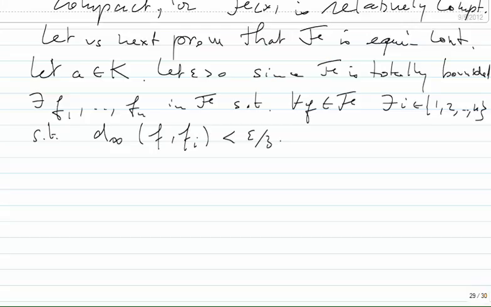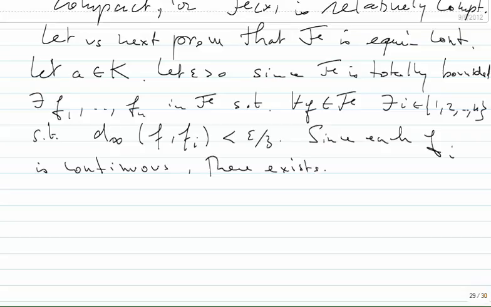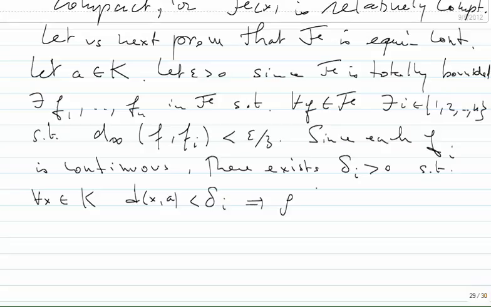Okay, now since each fi is continuous at a, there exists delta i positive such that for every x in K, the distance from x to a less than delta i will imply rho of fi of x to fi of a less than epsilon over 3. Okay?